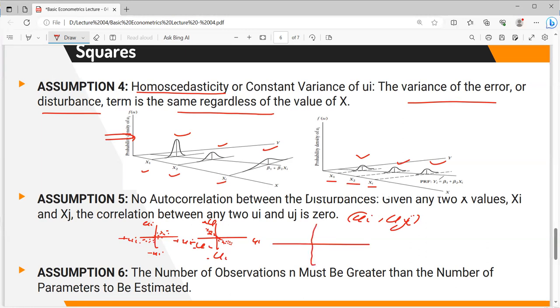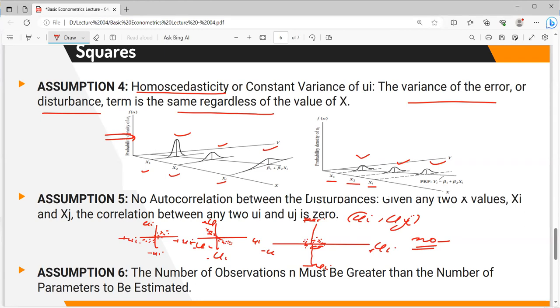In this four-quadrant diagram, if the relationship between ui and uj is scattered like this, it shows no autocorrelation, no serial correlation between the disturbance terms.